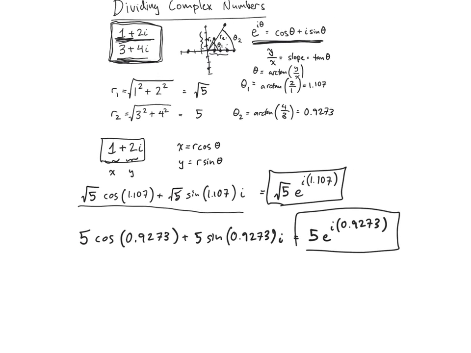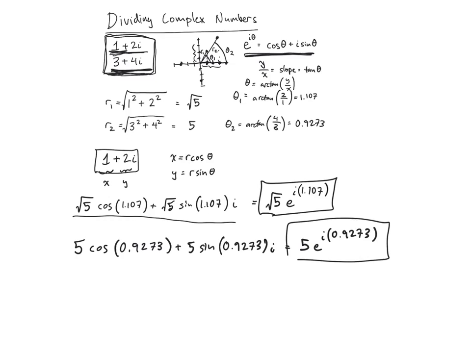So rewriting the original problem that's up here as a fraction, I get the square root of 5 e to the i 1.107 divided by 5 e to the i 0.9273.